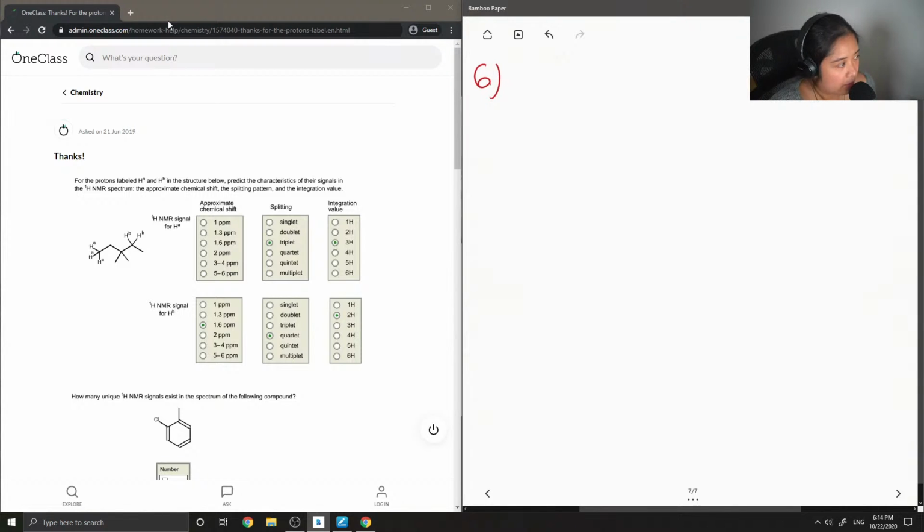For the protons labeled HA and HB, predict the characteristics of their signals in the H-NMR spectrum: the approximate chemical shift, the splitting pattern, and also the integration value. This is a 2-part question again. Let me write down this structure.